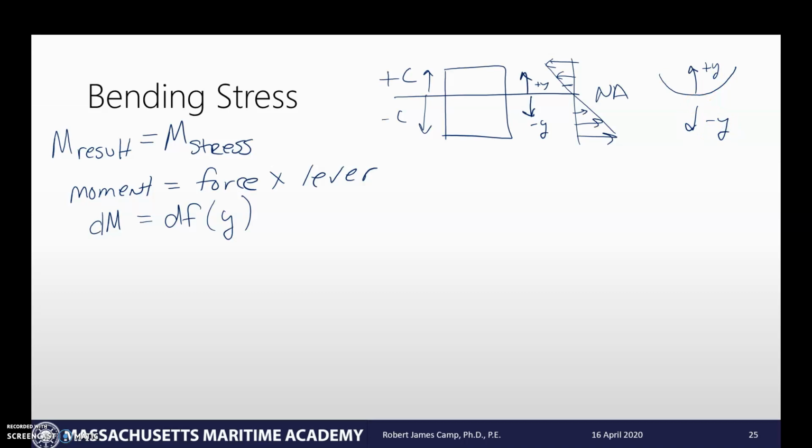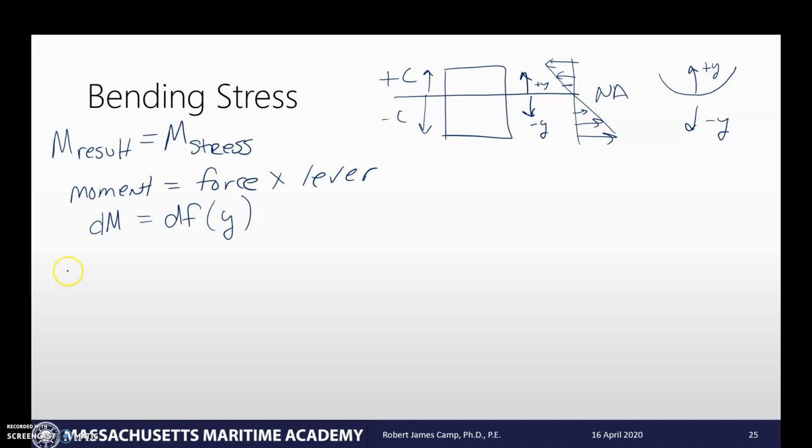So it's basically positive y is going in the direction of the bend, so it's towards the compressive side, where negative y is going to be going away from the bend, which will drop it to the tensile side. Okay, so now we go back and look at this, and our dM is going to be that dF times y.